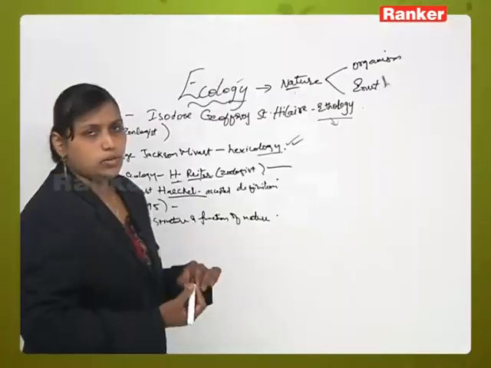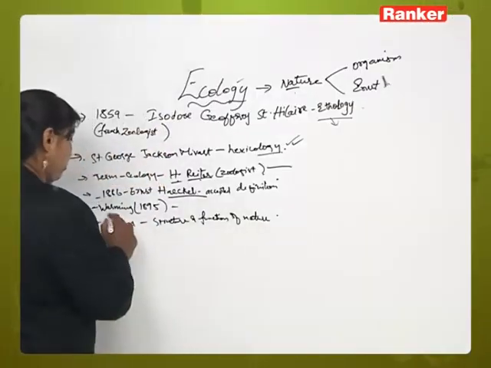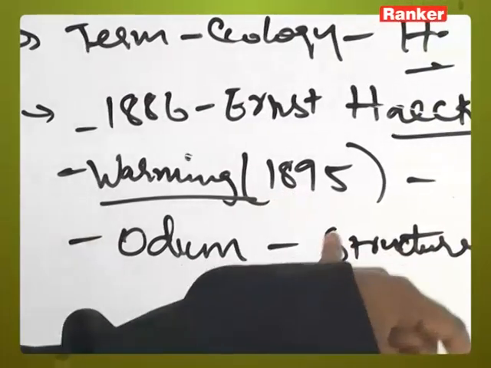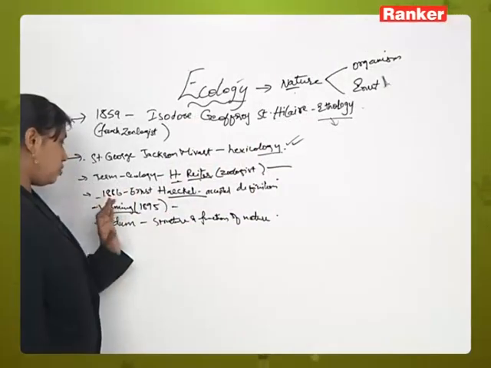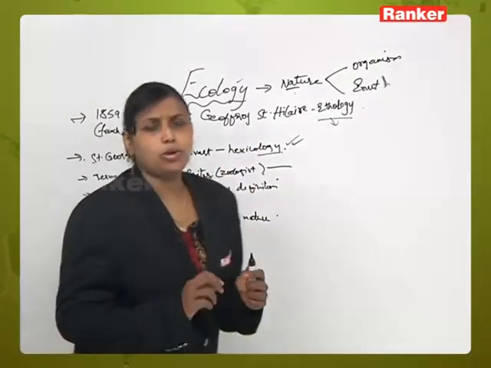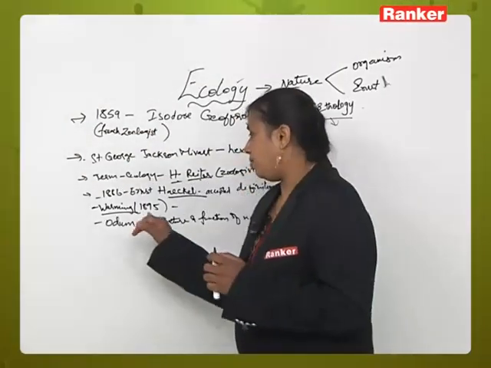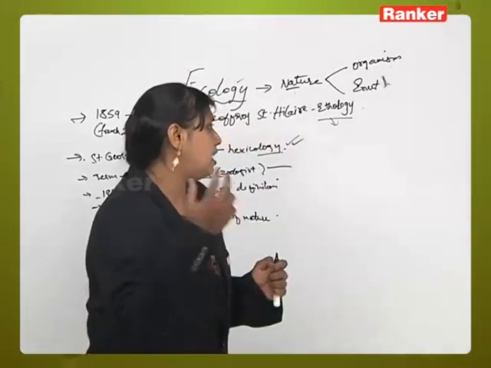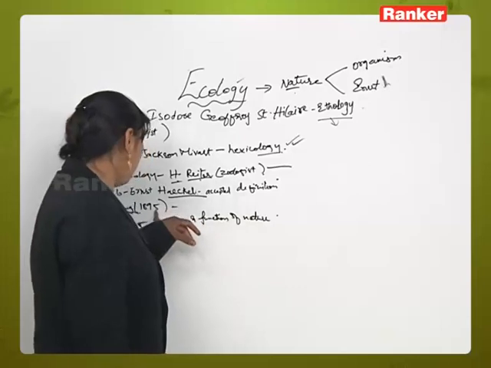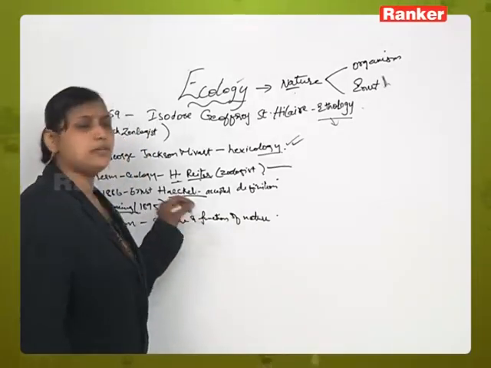Now there was another ecologist called Warming, in the year 1895. Warming was the one who made use of ecology in his further studies, and he said that yes, there will be a particular relationship between the organisms and the environment.